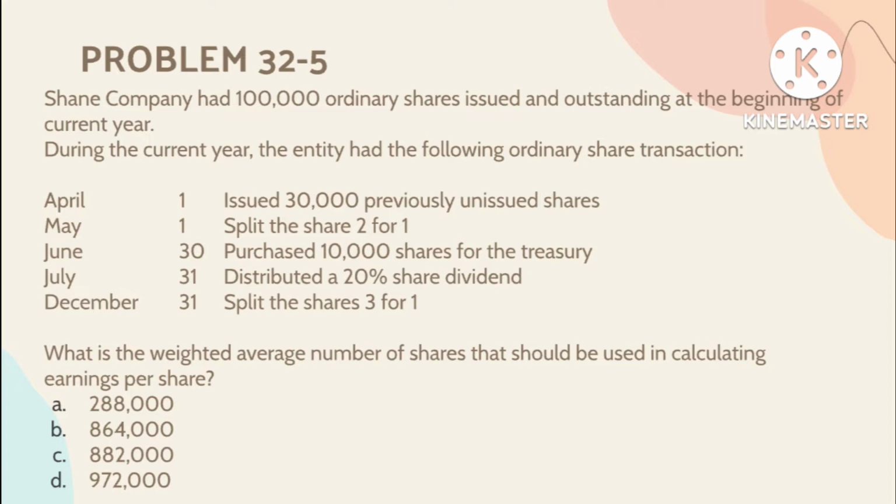Problem number 5 is similar to problem number 4. What we are looking for here is the weighted average number of shares that should be used in calculating earnings per share. We will get the adjusted balances for January 1, April 1, and June 30.